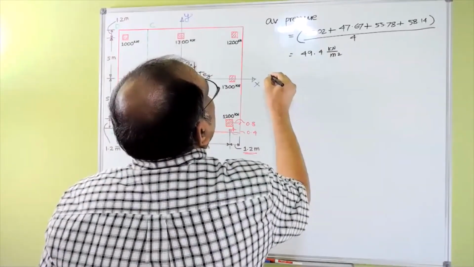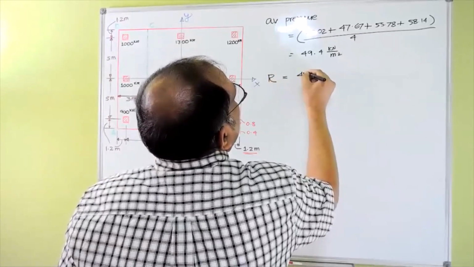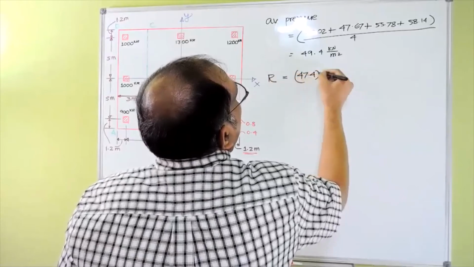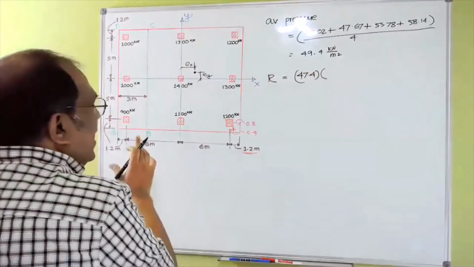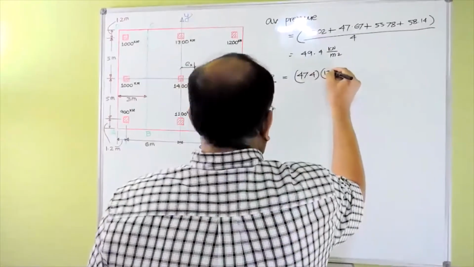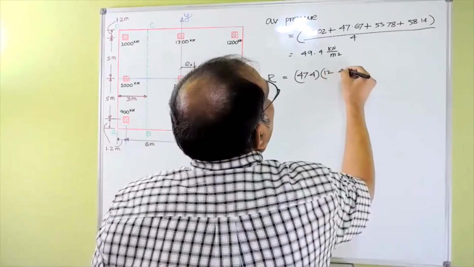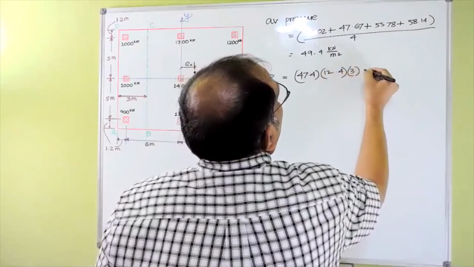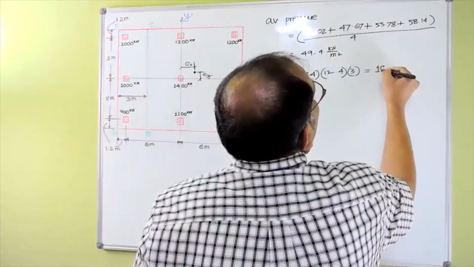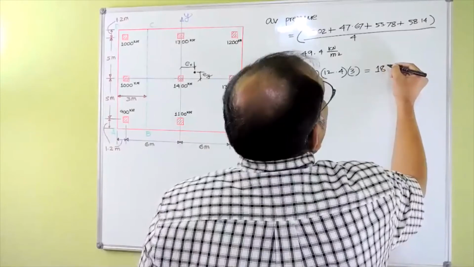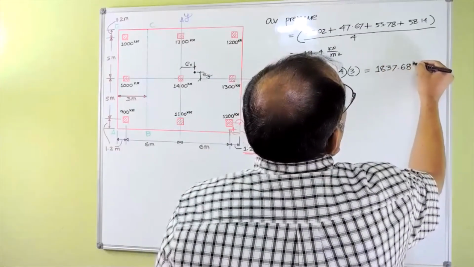So the reaction force is 47.4 multiplied by this distance, 12.4 and 3, which is basically 1837.68 kilonewton.